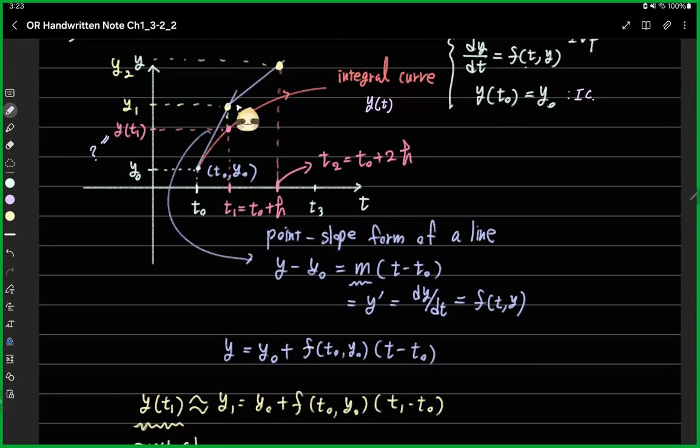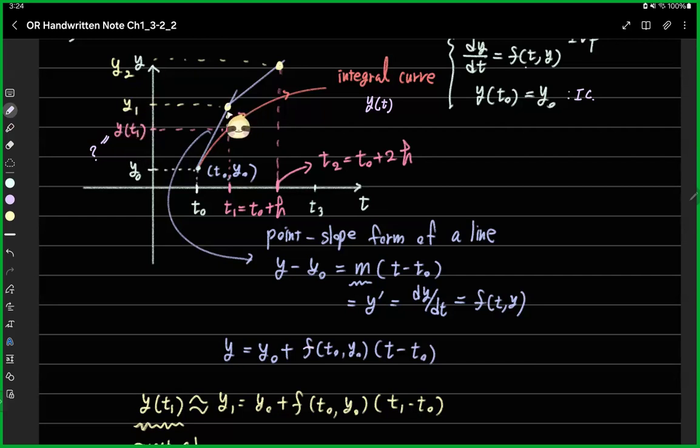But since we figured out that tangent line, we can figure out y sub 1 by plugging t sub 1 into here, right there. Then we can find the y coordinate of this point, which is, let's say, y sub 1. Okay, we can use this one as an approximation of y of t1.